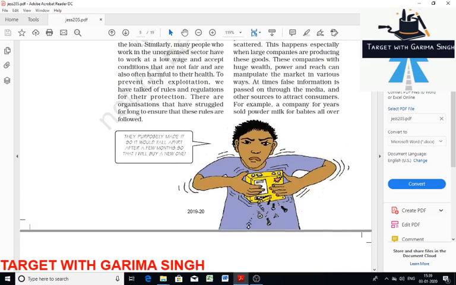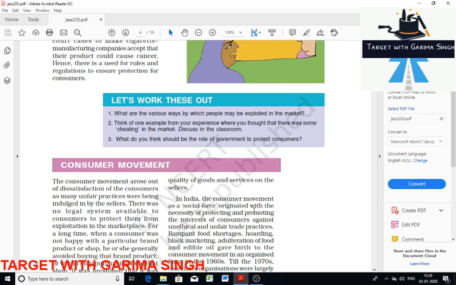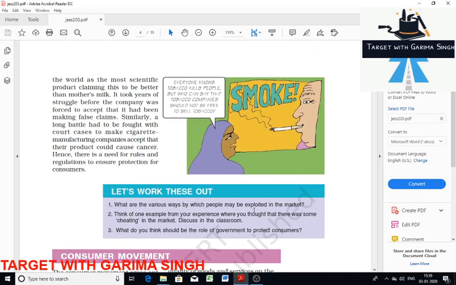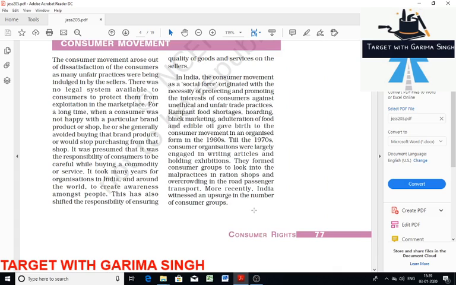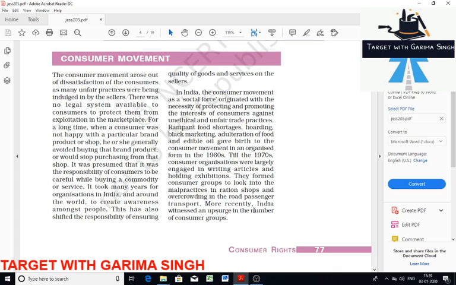Let's move on to the next topic, that is Consumer Movement. In India, the consumer movement as a social force originated with the necessity of protecting and promoting the interest of consumers against unethical and unfair trade practices. More recently, India has witnessed an upsurge in the number of consumer groups. Till 1970, consumer organizations were largely engaged in writing articles and holding exhibitions.